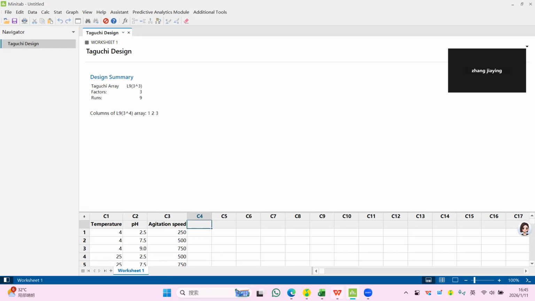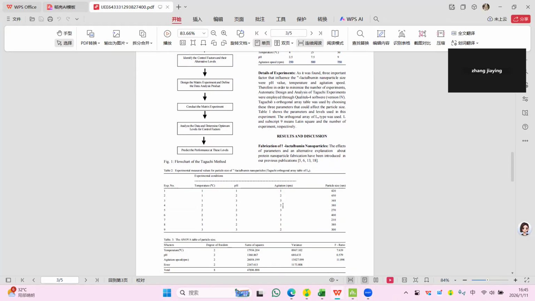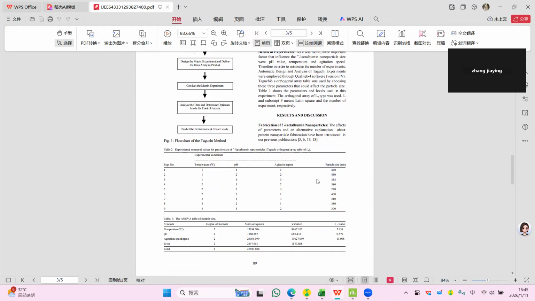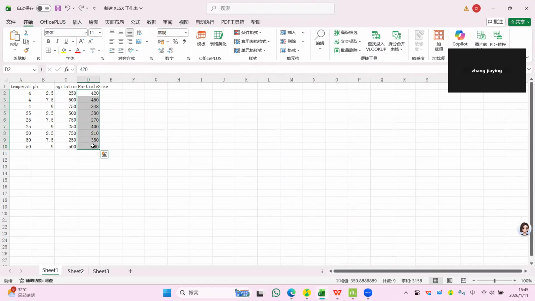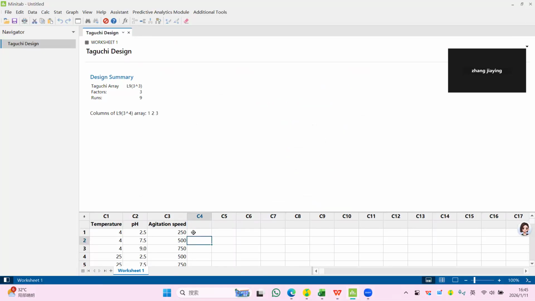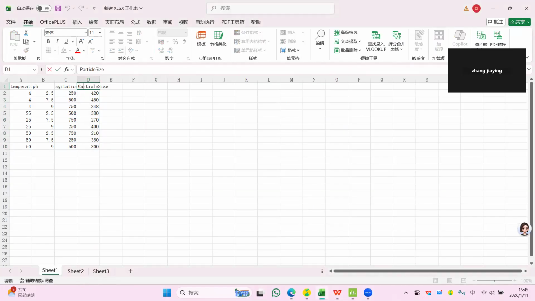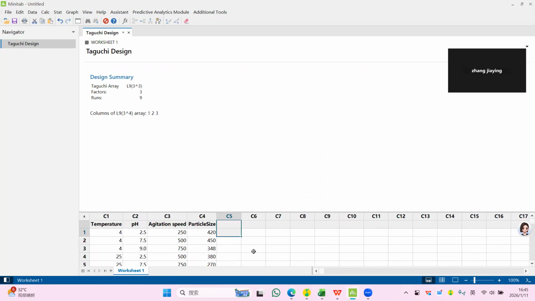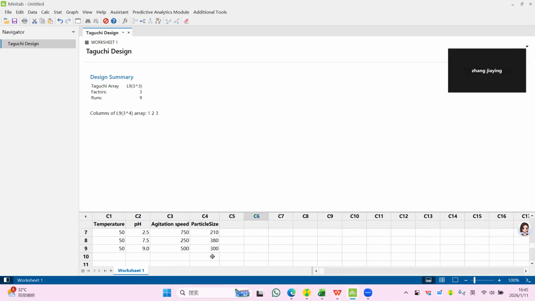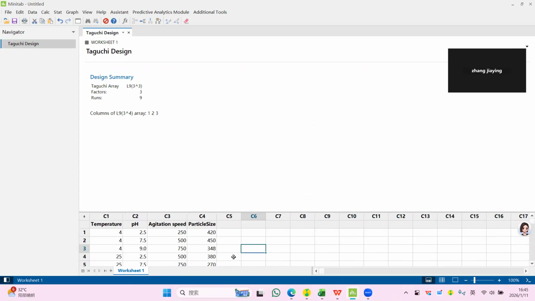The response is particle size. This is the original measurement reported in the paper. And then we do the Taguchi analysis.